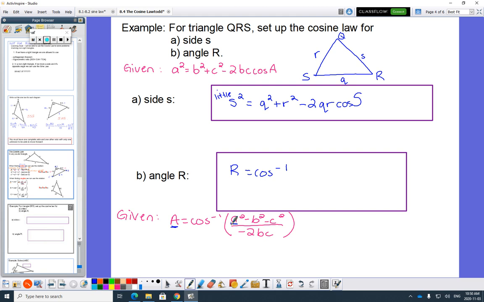So we're going to write R squared, and then it doesn't matter which one you subtract first, but we'll go alphabetical just like we did up there. Q squared minus S squared divided by 2QS. If you wrote S and Q, that's fine too. It'll work.